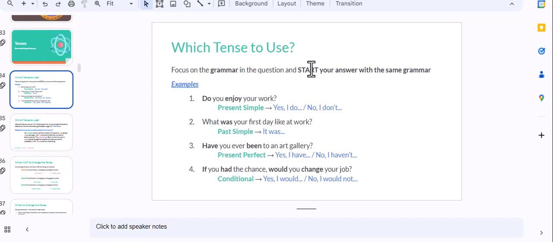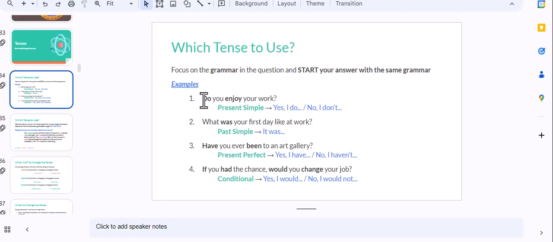So for example, if the question is in the present tense, as you can see here, then an easy way to start your answer is to begin in the present simple tense. So let me show you an example. Let's read the first example we have.